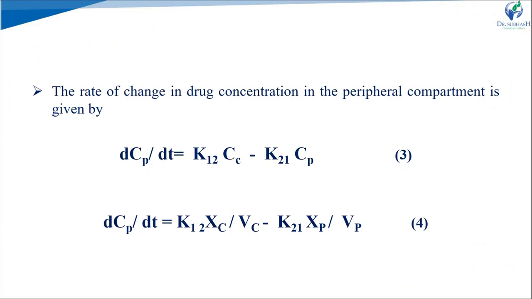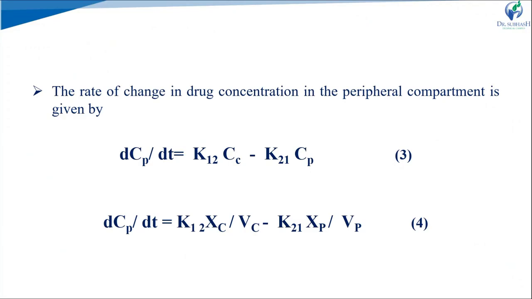Similarly, for the rate of change of drug concentration in the peripheral compartment, dCp/dt is equal to K12 Cc minus K21 Cp. Converting with X equal to Vd into C, dCp/dt is equal to K12 Xc upon Vc minus K21 Xp upon Vp.